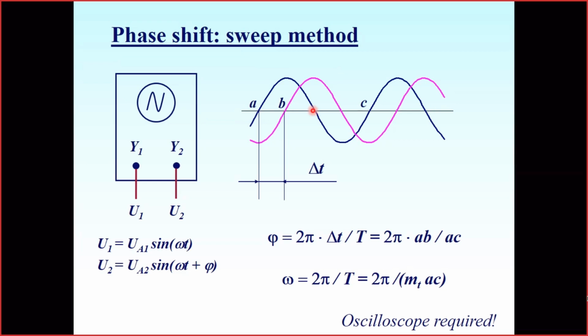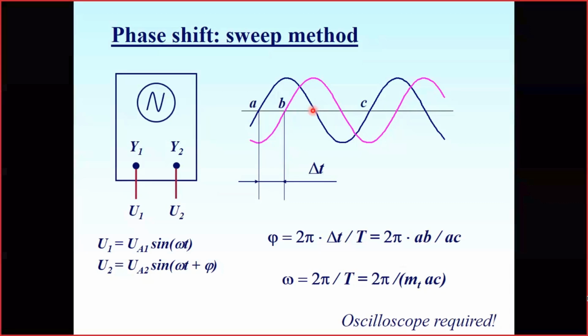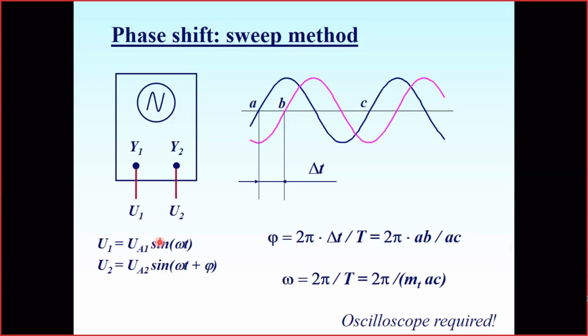especially for a harmonic signal. When we speak about phase shift between two harmonic signals, we describe them as the sine of omega t, where omega is the circular frequency, and the shifted signal has an additional phi, which we name the phase shift, or phase difference.